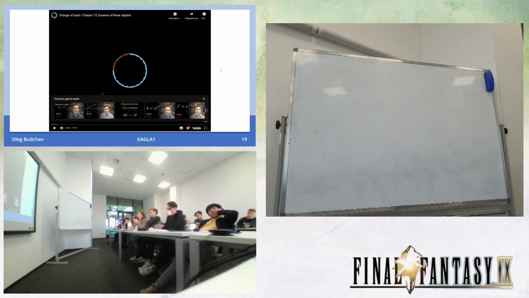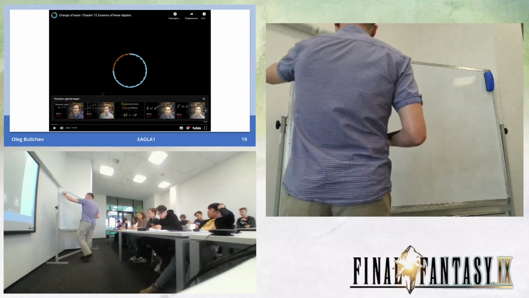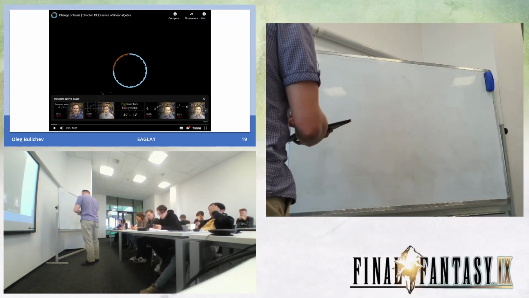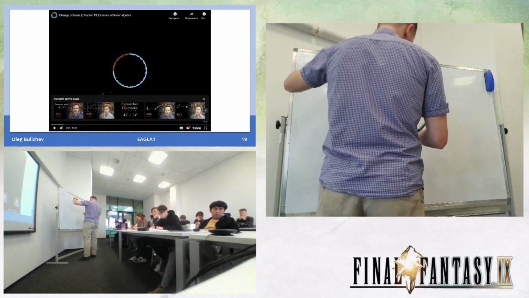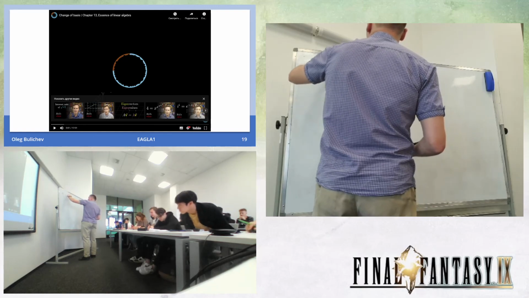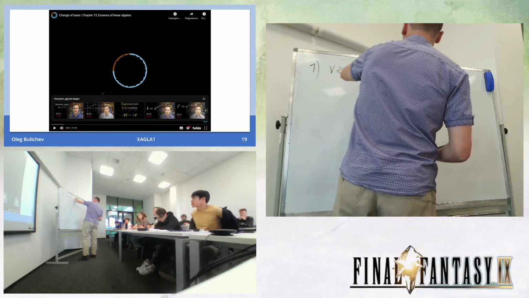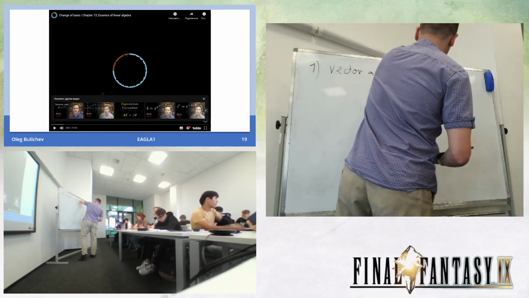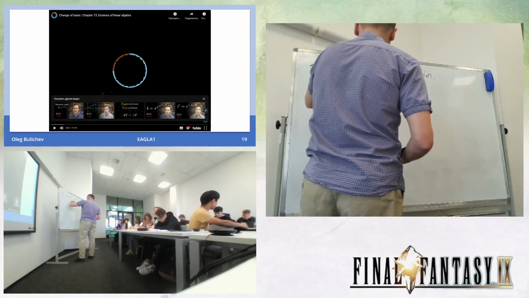If you watch this, you need to try to answer the following questions. First question: what's the difference between a vector and a coordinate vector? Why can we write this equation?